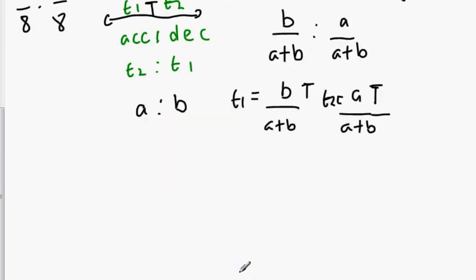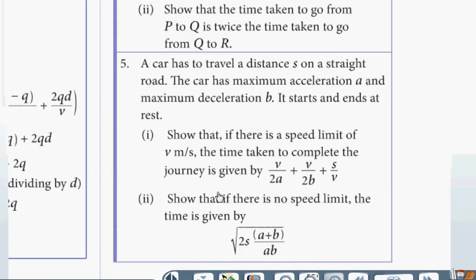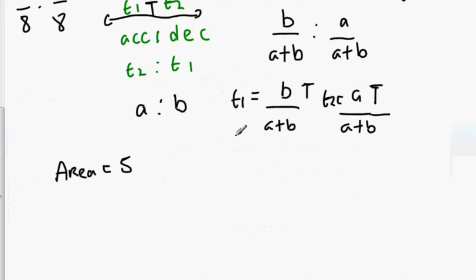Okay, next section is we want to find the area. We know that the area equals S. Always a good point to revisit the question now. We're still looking for the total time taken. So in order to find the time taken, we need to find the distance, the total area, in terms of the time.